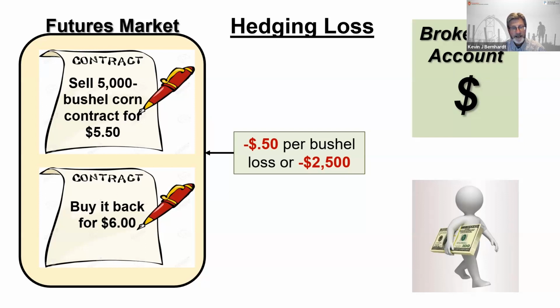Now, where does that money come from? That money comes directly from our brokerage account. But of course, as the farmer who owns that brokerage account, we have to provide the money into that brokerage account. So we would probably have to deposit that $2,500 into the brokerage account so that it then can go to whoever earned it somewhere else in the world.